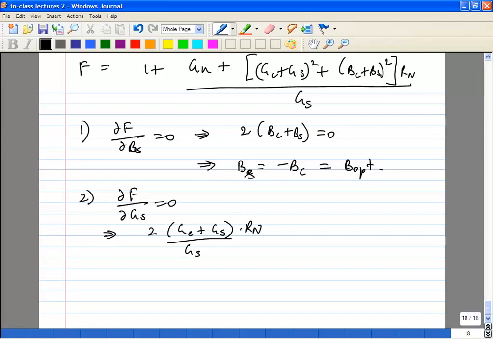This is 2 into Gc plus Gs over Gs, plus, now we are going to differentiate the denominator, so you will get minus 1 over Gs squared, and you have the Gu term also.